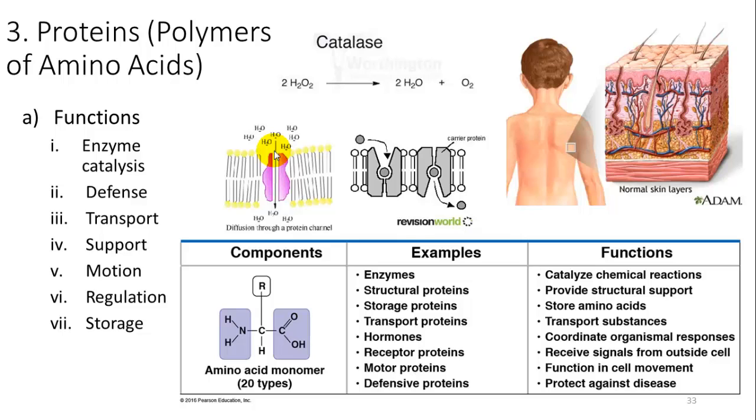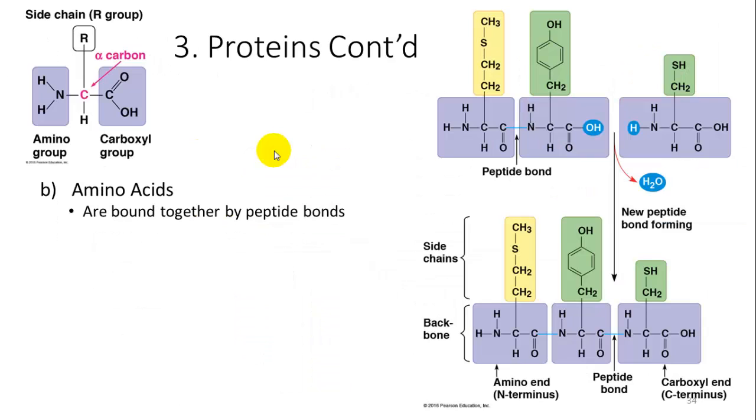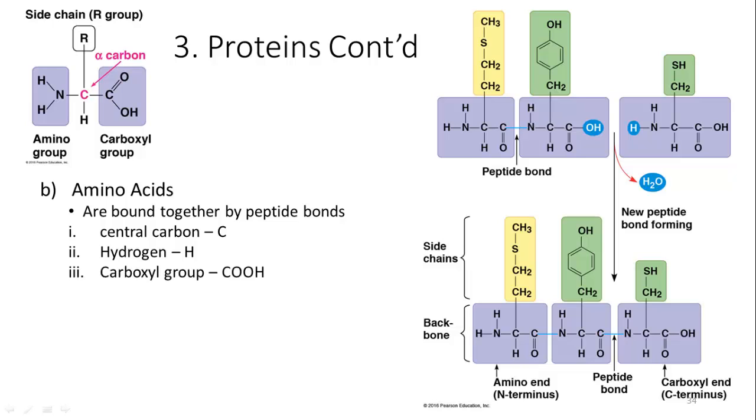Their monomer is an amino acid. Okay, amino acids are bound together by peptide bonds. You can see the diagram on the right, a peptide bond being formed. It has a central carbon, also called the alpha carbon, which bonds to a hydrogen, a carboxyl group, and an amino group.